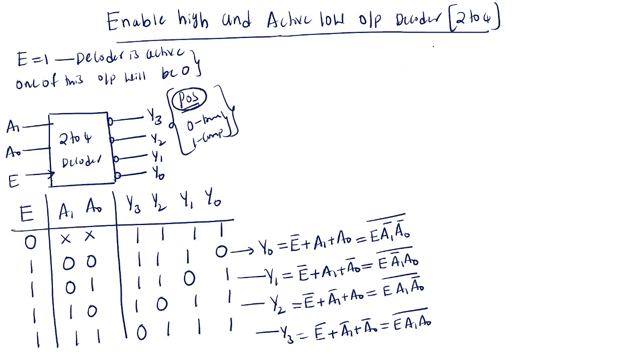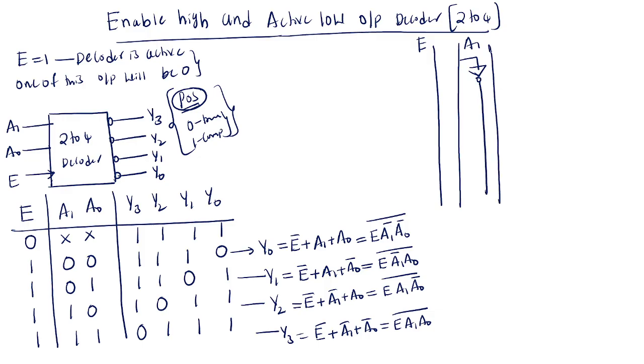So one is the enable pin, and next one is A1, connected with an inverter, and A naught connected with an inverter. So Y3 equal to what? E A1 A naught connected with a NAND gate.